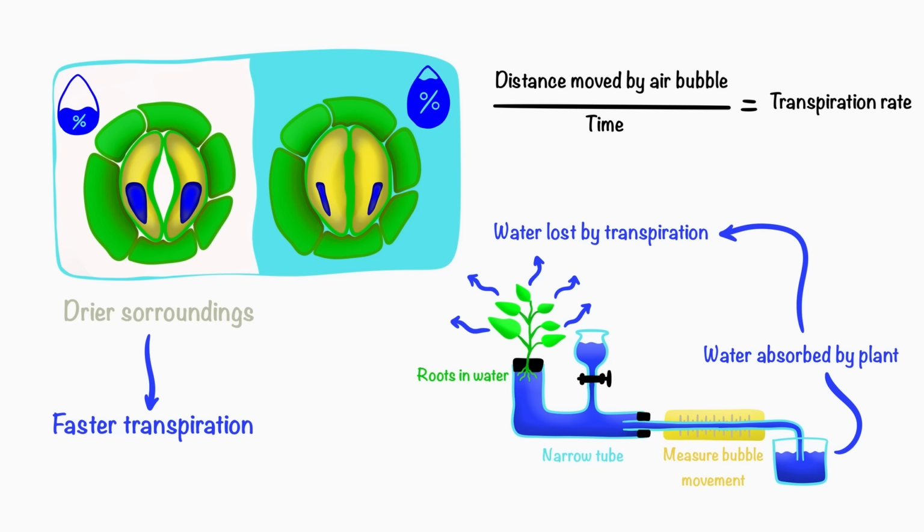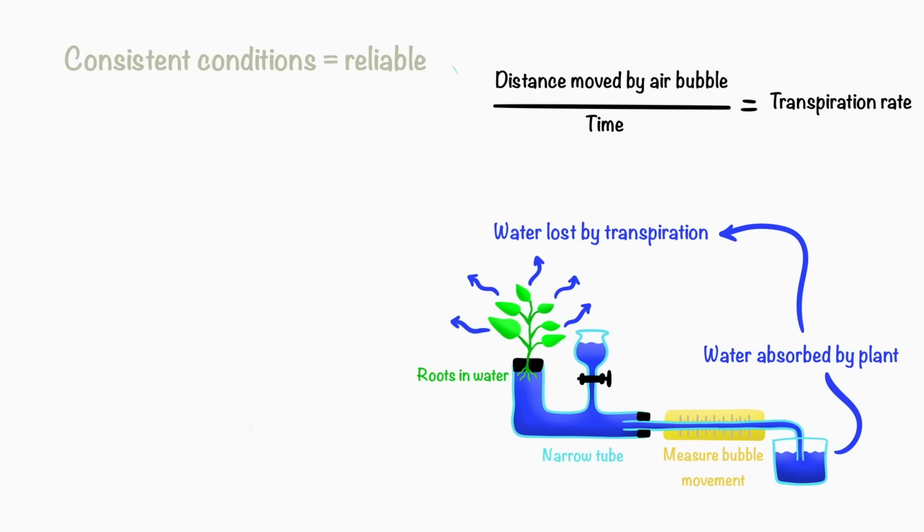By noting the initial position of the bubble and the distance it travels over time, one can determine the rate of water absorption. For accurate results, it's essential to maintain consistent experimental conditions, particularly regarding temperature and humidity levels.